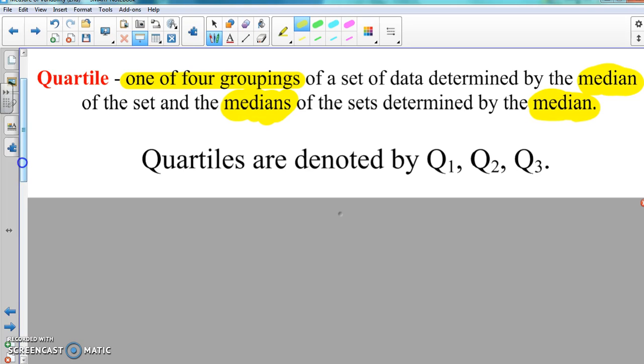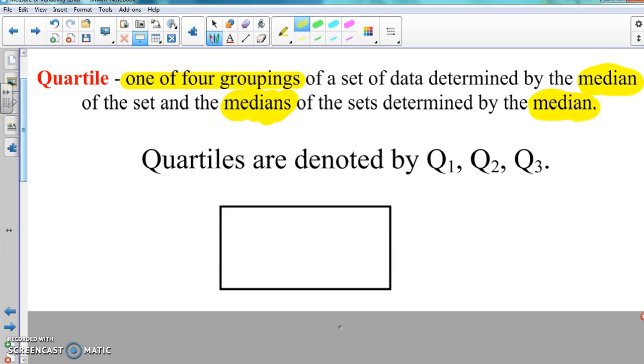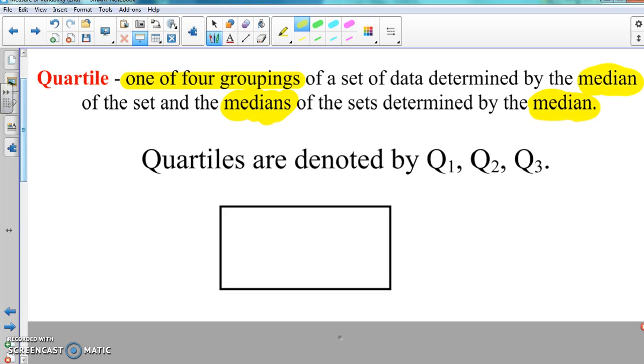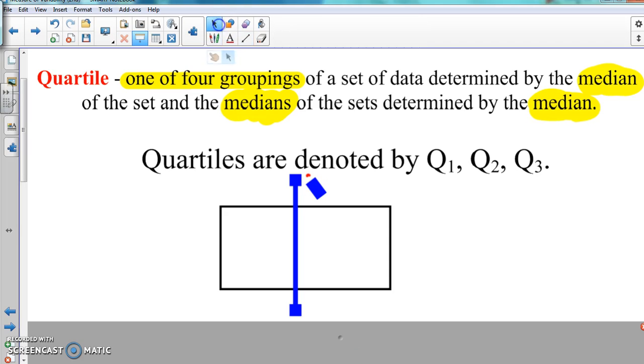So here, let's take a look at a box. Let's just draw a box here. Now, directly smack dab in the middle of this box, let's just say it's right here. That's considered our Q2.